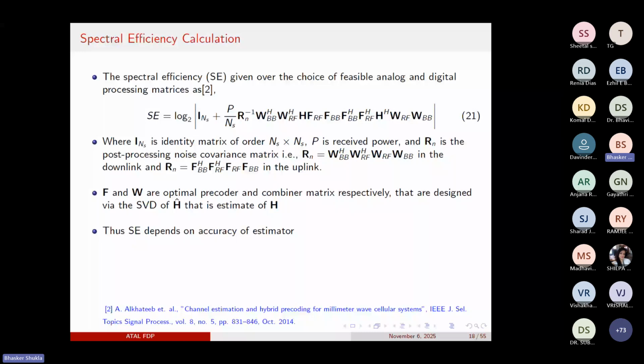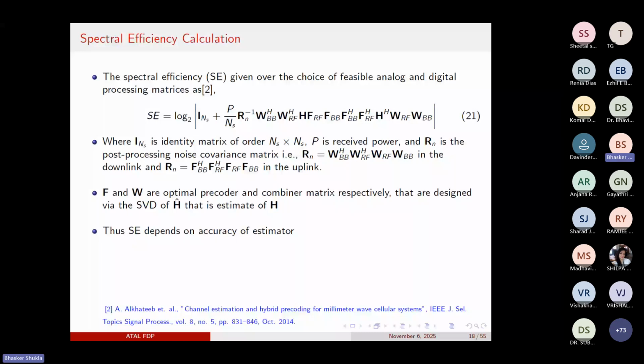Here we have to multiply all these matrices, where overall F means the multiplication of FRF and FBB, and W is the multiplication of WRF and WBB. These are the overall precoder and combiner matrices, and they are designed with the help of the singular value decomposition of the estimated channel.